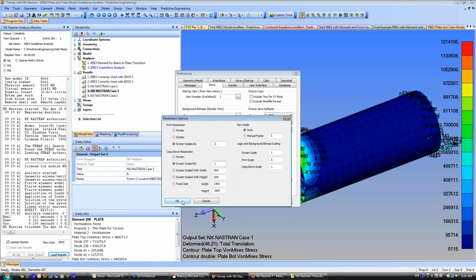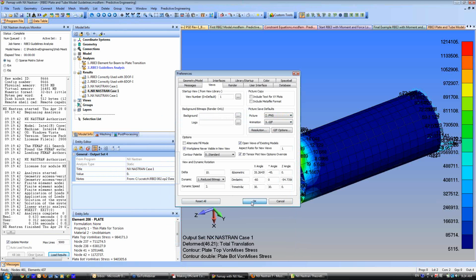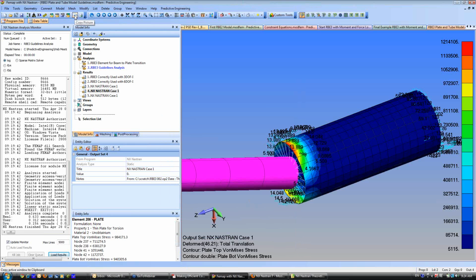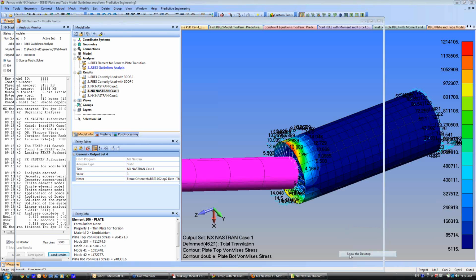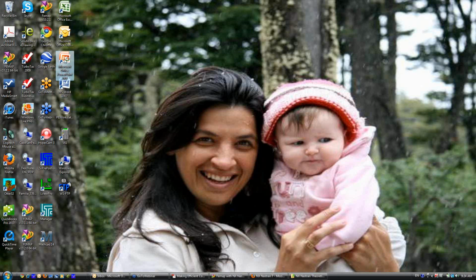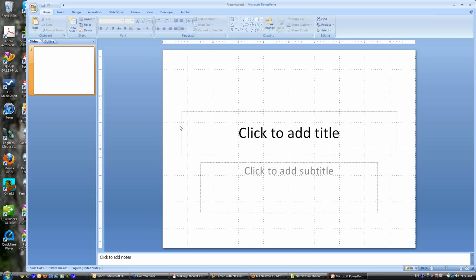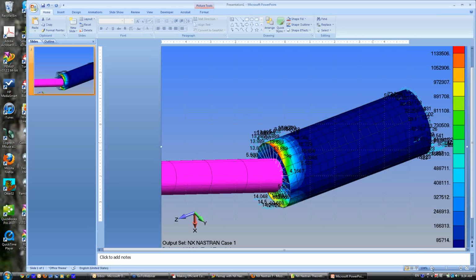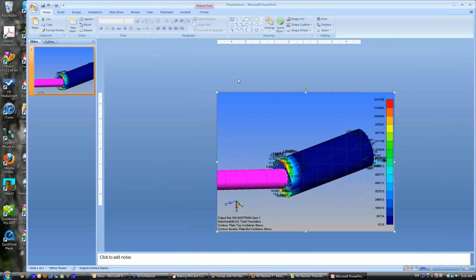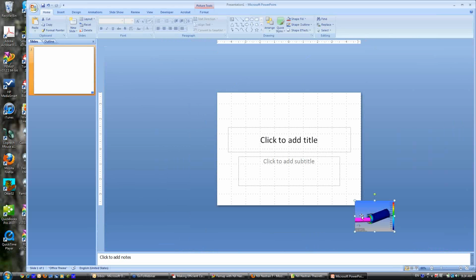Screen cell by 1. Well, what does that mean? Let's copy the picture. I need my PowerPoint. I'll copy that in. Like that. Okay.